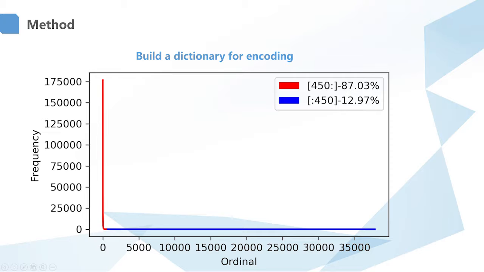We performed statistics on the training set of the CSIC dataset and found that the frequency distribution of words is like this. From the red part, we can see that a few words account for a great frequency. Let us zoom in on this part, which is more intuitive.